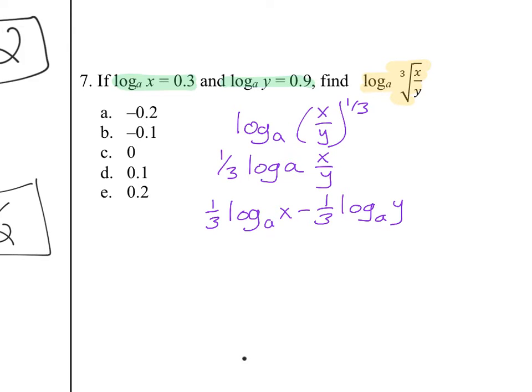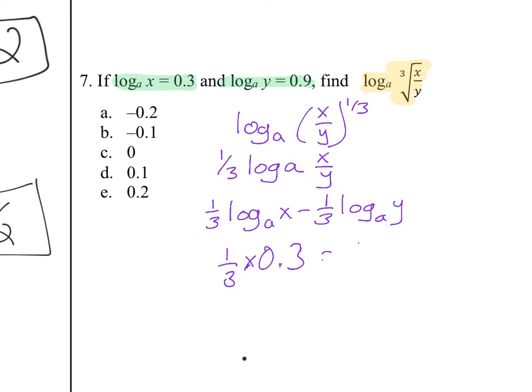Okay? Now, I've put these in, and now I'm just going to plug in the values I was given up front. So I have log A x was 0.3, so I have 1/3 times 0.3.